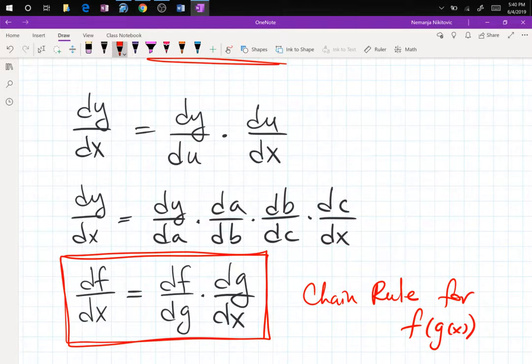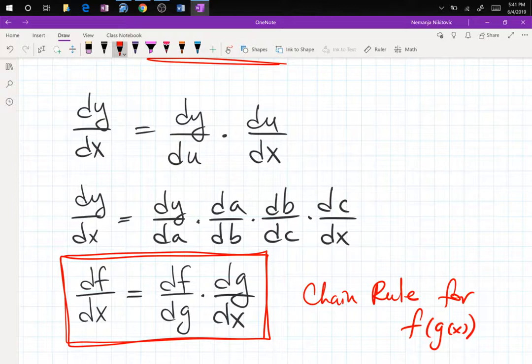The backpack is always the same function, but the content of the backpack, which is g of x, would ultimately tell you what the backpack is for. Is it a parachute? Is it camping gear? Is it a school backpack or whatever? So now you take the derivative of f with respect to g first, and then you multiply that with the derivative of g with respect to x.